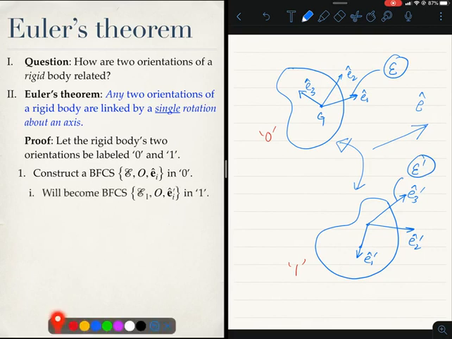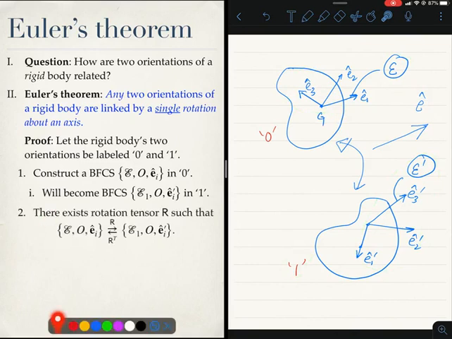That's what I am saying over here, that this body fixed coordinate system becomes this body fixed coordinate system in orientation 1. We have already proved that given two Cartesian coordinate systems, it is possible to find a rotation tensor which relates one to the other. This rotation tensor will have three principal values: lambda 3 equal to 1, and lambda 1 and 2, which will be complex conjugates.